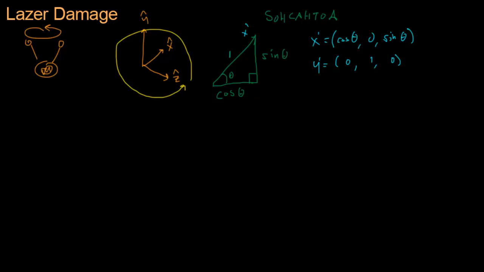The tricky one is the z vector, and it faces off somewhere at a 90-degree angle to our x vector. This is the x vector. This is the, I keep writing y when I mean z. This is the z vector. And here are our axes.